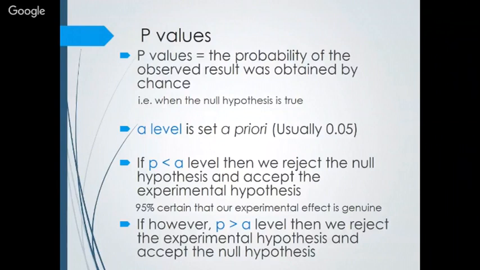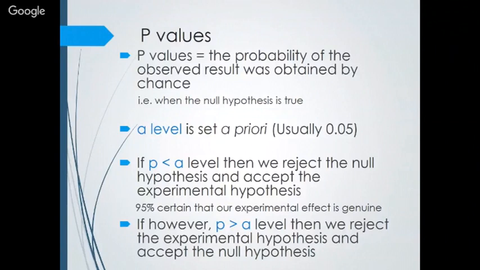Our experimental hypothesis is that there is a difference. That indicates that we are 95% certain that our experimental effect is genuine. So we can confidently say that the observed effect in the experiment is genuine.